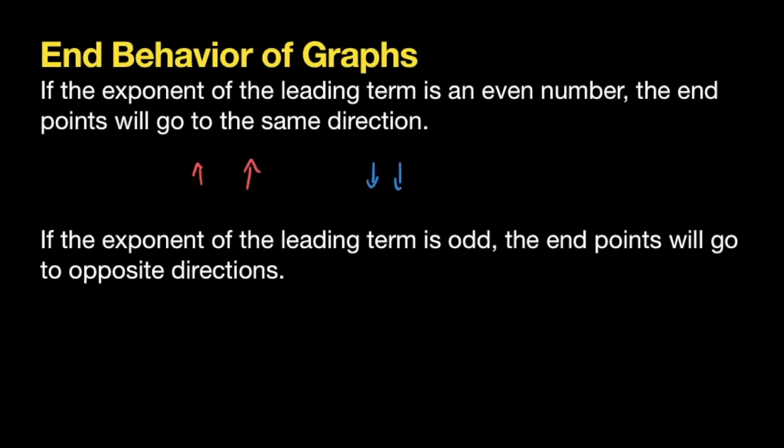And that only happens when it's an even exponent. But whenever you have an odd exponent, then they're going to go to the opposite direction. So they may start from the negative side and they're going to end up in the positive side, or they may start from positive infinity and they're going to end up in negative infinity.